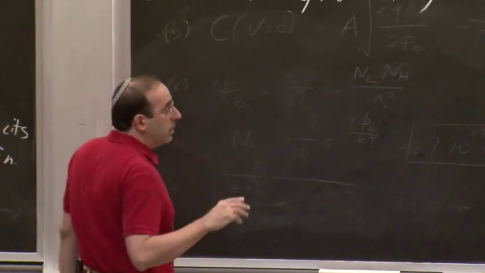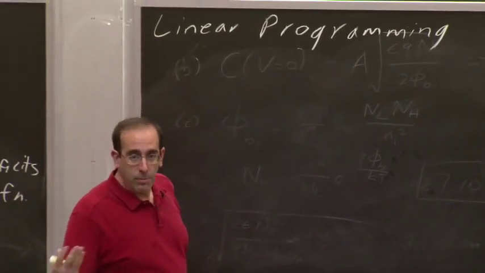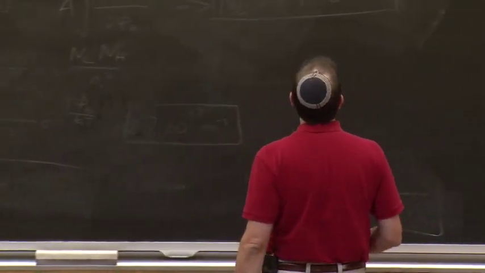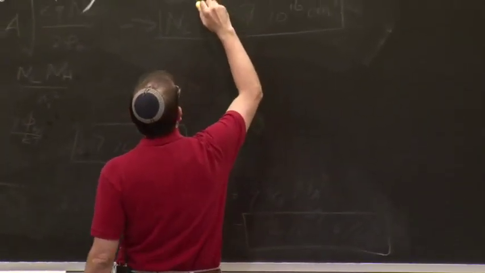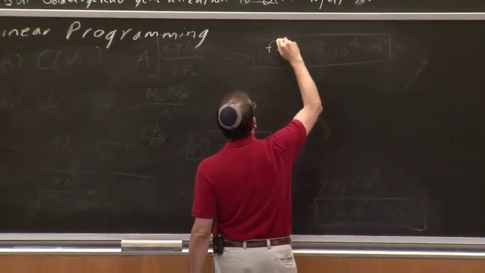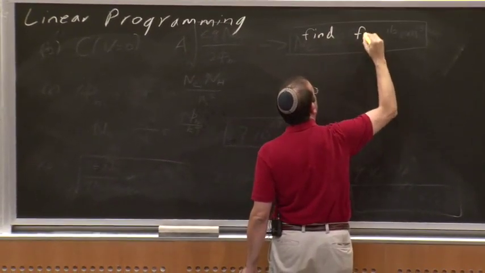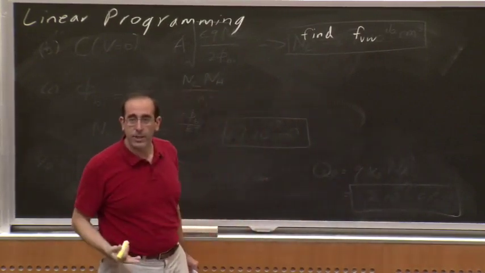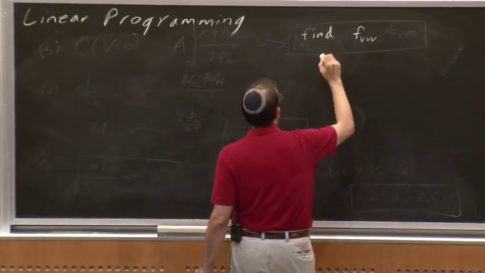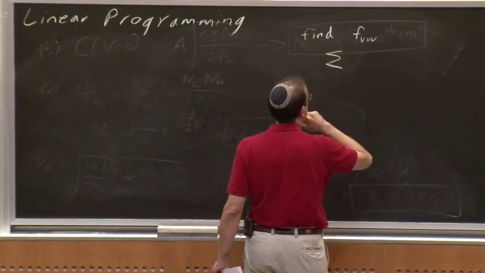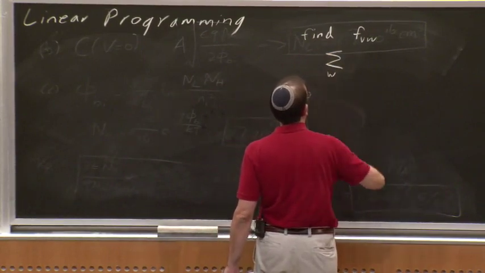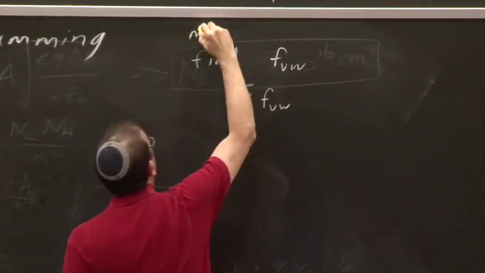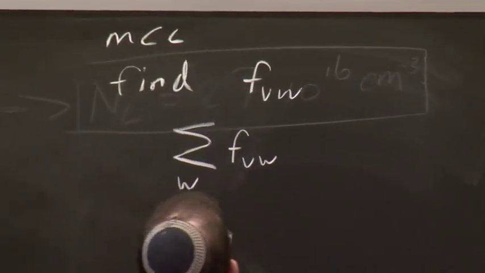So if we think about our min-cost flow problem, which we just discussed, right? Let's remember how I sort of described it, right? So I wanted to find some flow values, which I'll write f_vw, right? Flow from vertex v to vertex w. And I had these requirements where I said that the sum over w of, let's do a min-cost circulation so that I don't have to worry about s and t.